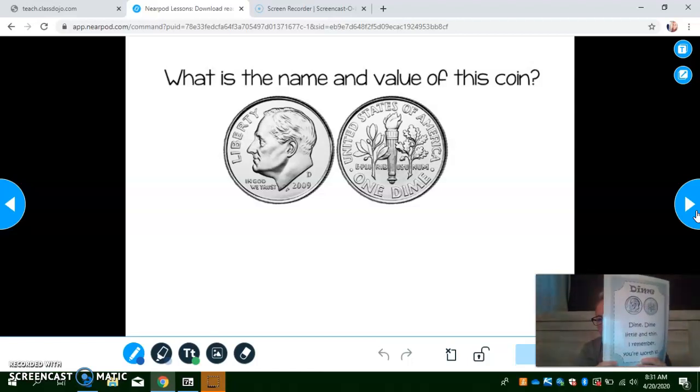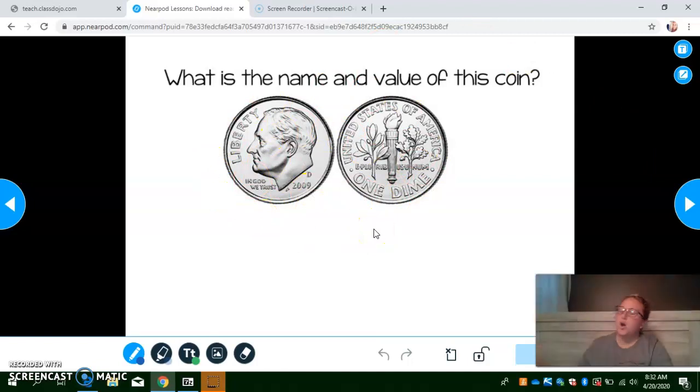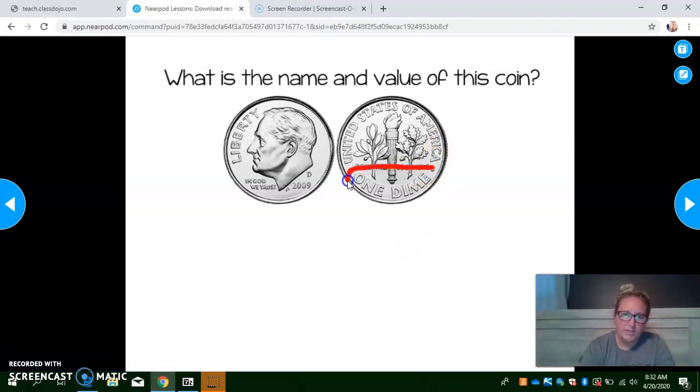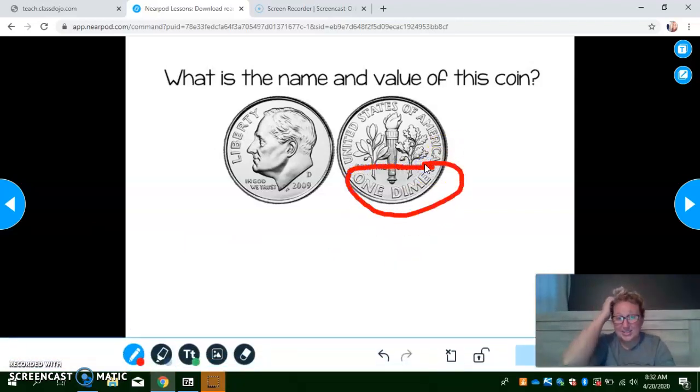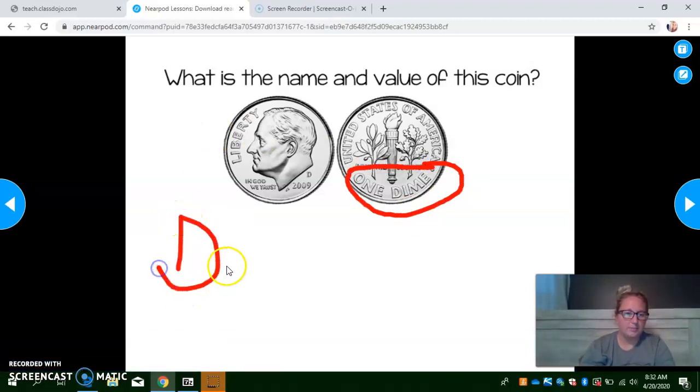I'm looking at the pictures on the dime, and they look just like these ones. Also, some hints that we've pointed out in the past. On one side of the coin, it says its name. So we know that this is a dime.